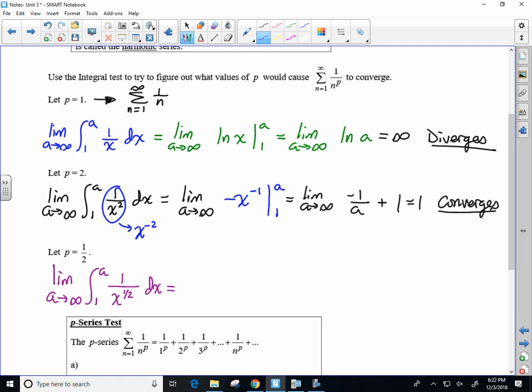So we're looking at, again, this is better represented in a slightly different form. And so it becomes 2x to the 1/2 over the interval of 1 to a.